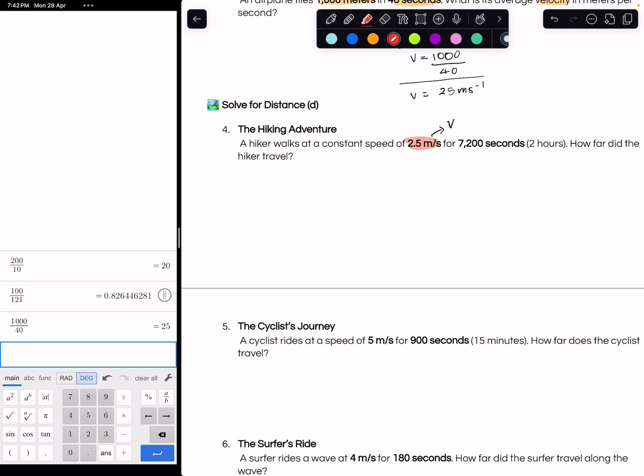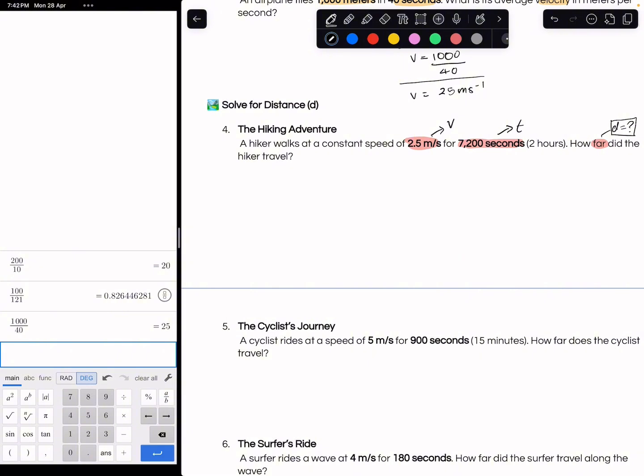So a hiker walks at a constant speed of 2.5 meters per second for 7,200 seconds. That's our time value. How far did the hiker travel? So if it's asking us how far, it means we're trying to find the distance, okay? We need to find the distance.